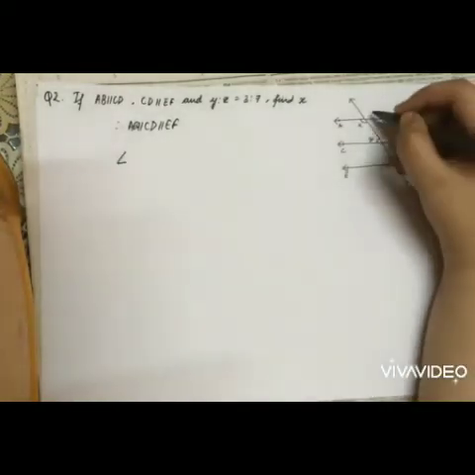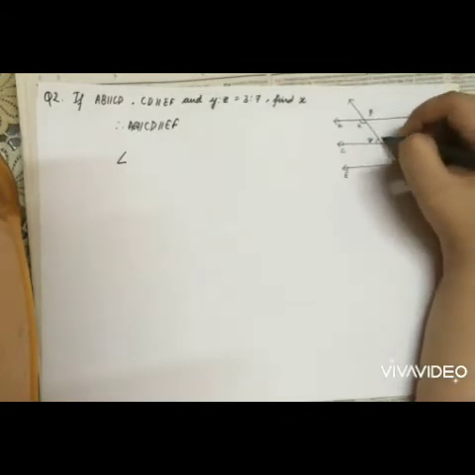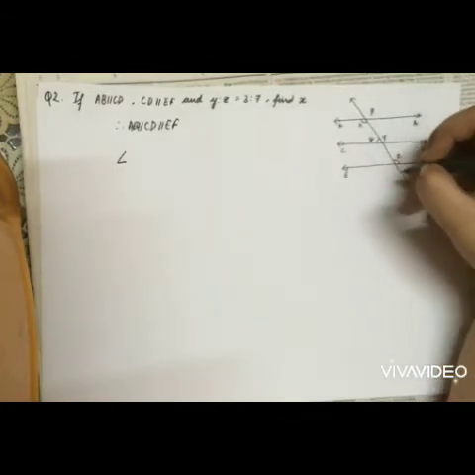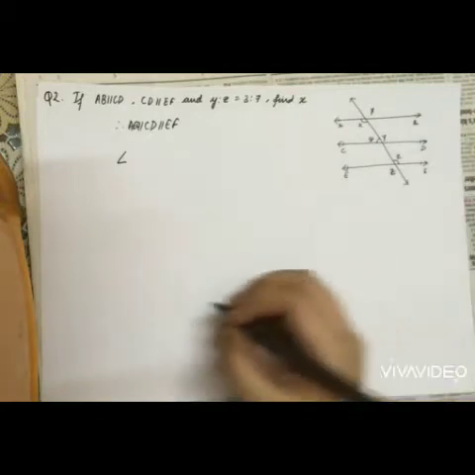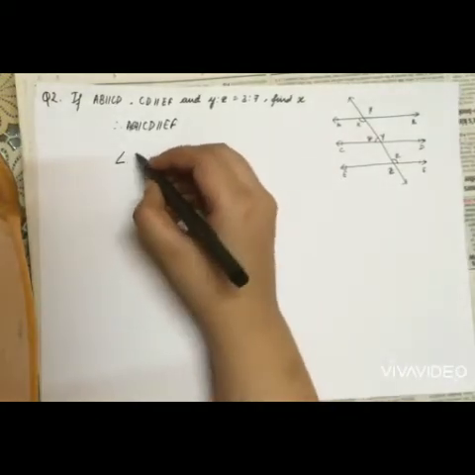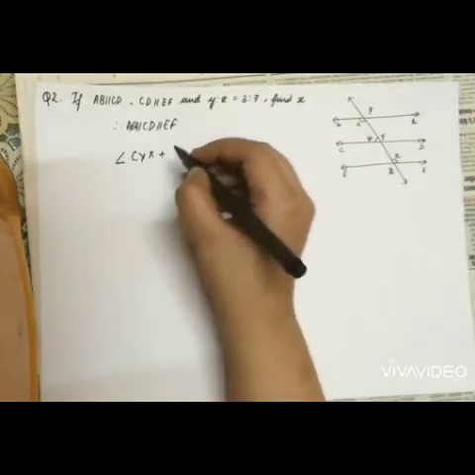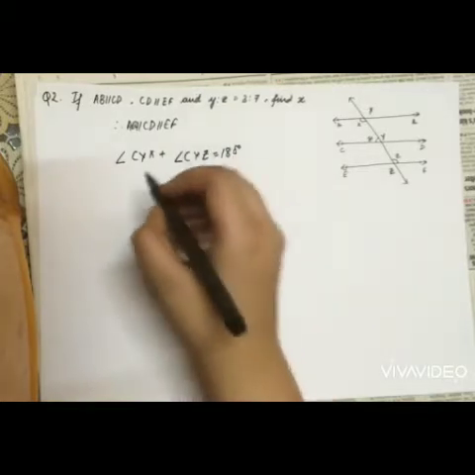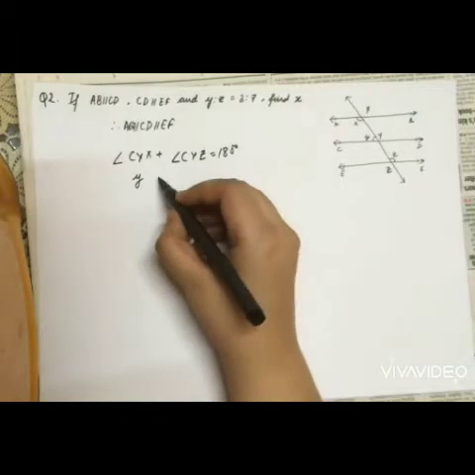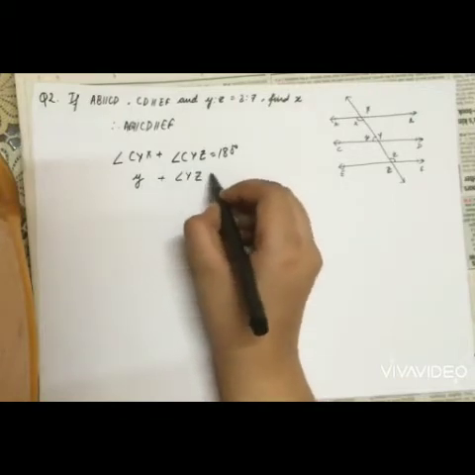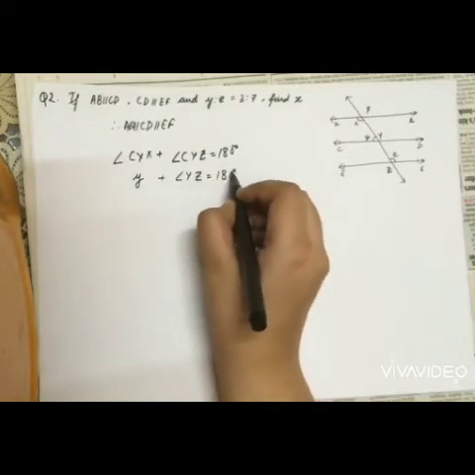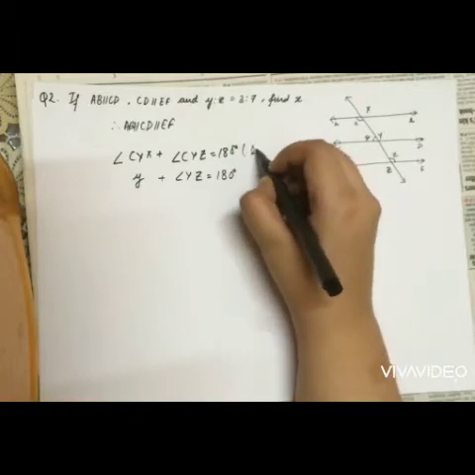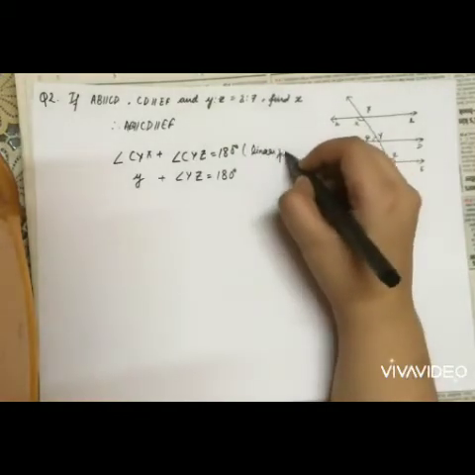Let's name these as X, Y and Z. So angle CYX plus angle CYZ is equal to 180 degree, because of linear pair of angles.